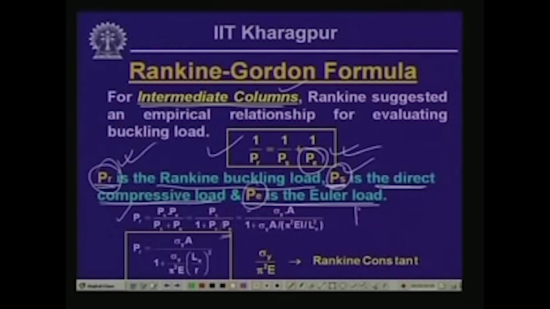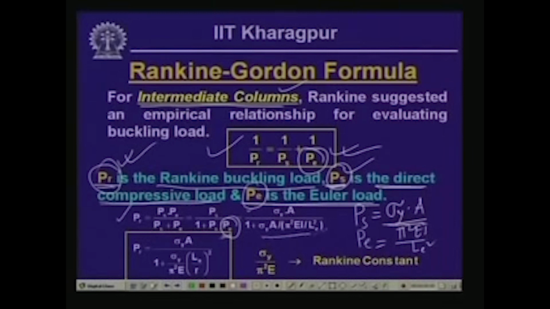As I said, PS is the direct compressive load, which is equal to the yield stress sigma y times the cross sectional area A. So, PS is equal to sigma y times A, and PE, as you know, is the Euler's critical buckling load, which is equal to pi square E I over L E square.